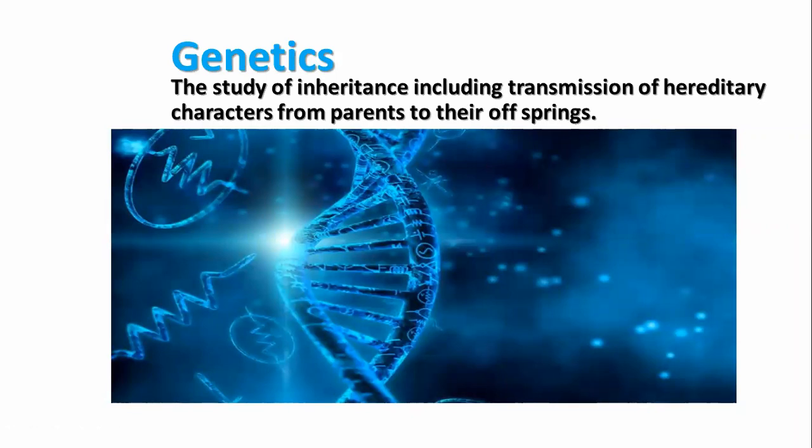Whenever we study genes, genetic makeup, or anything related to our DNA, our genes, or the transmission of hereditary characters, it is included in the branch of biology called genetics. Hereditary characters are the characters which can be transmitted from parents to their offsprings. Got it? Let's move to the next branch of biology, which is morphology.